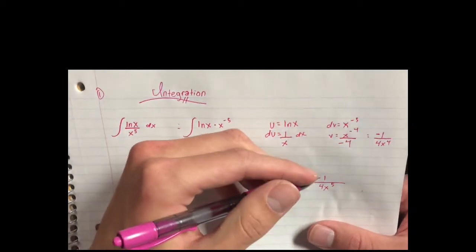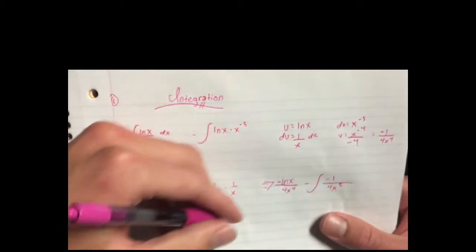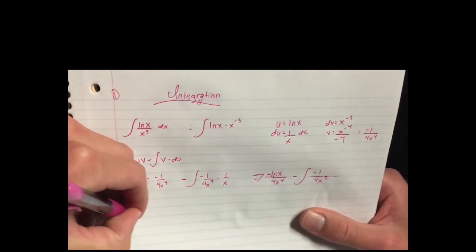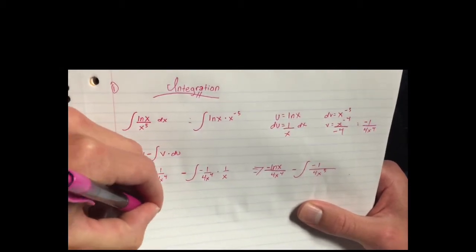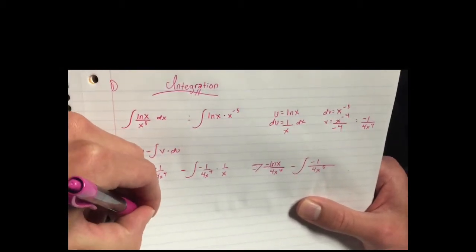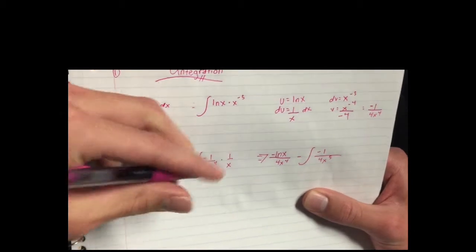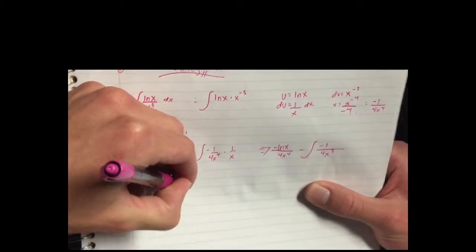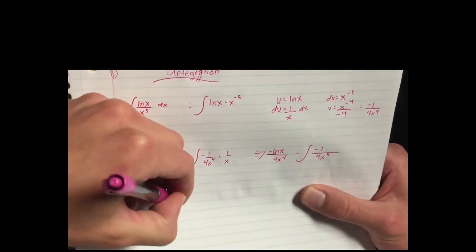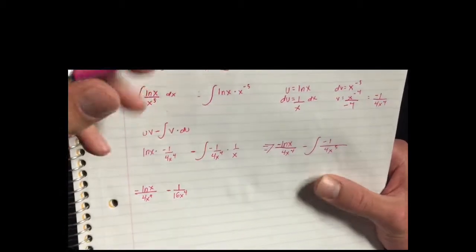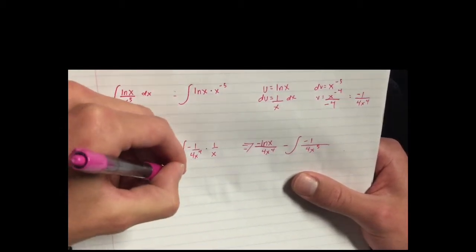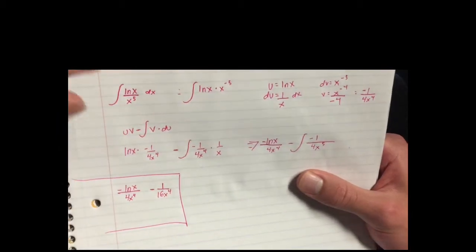So we're going to take the integral of that, and we're going to be left with negative ln of x over 4x to the fourth, minus 1 over 16x to the fourth. That is going to be your final integral.